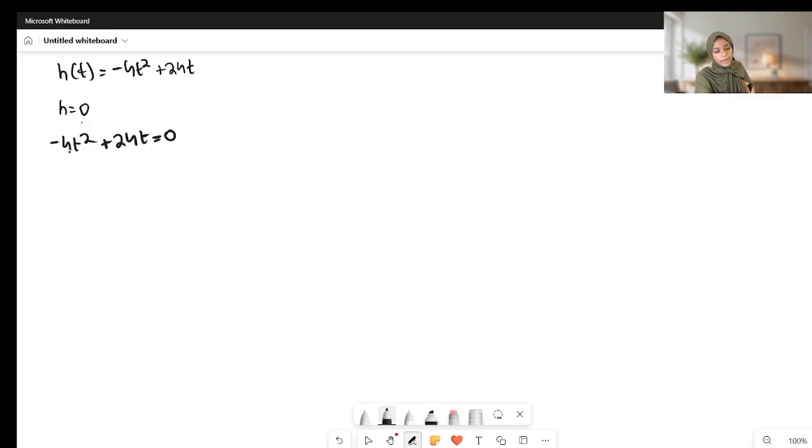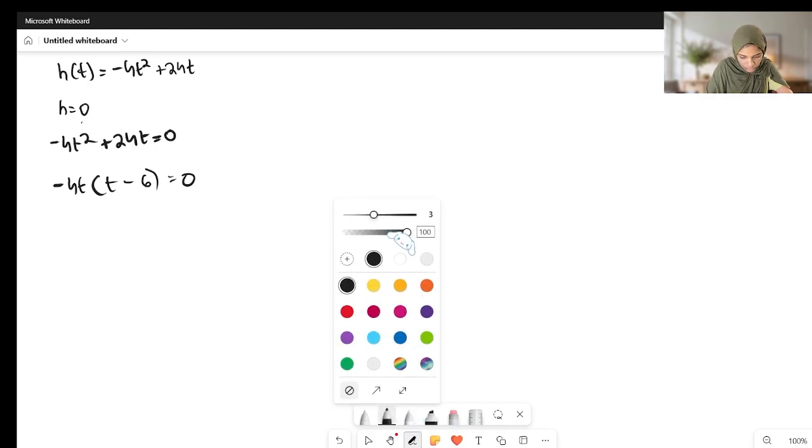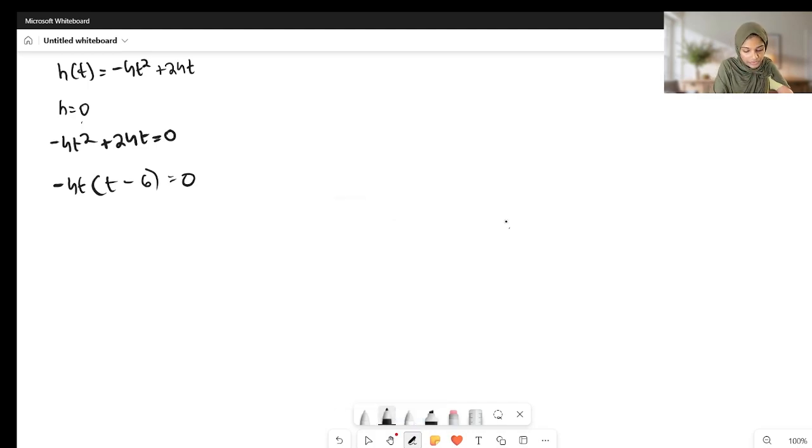So we take minus 4t out, and this t square is going to be t, and this 24t is going to be 6. So t minus 6 is equal to 0. Now minus 4t is equal to 0 and t minus 6 is also equal to 0.